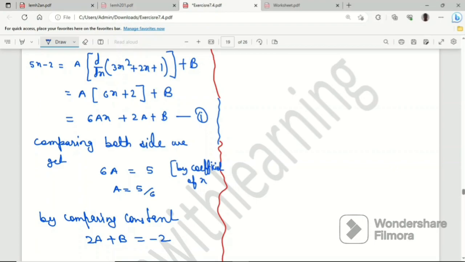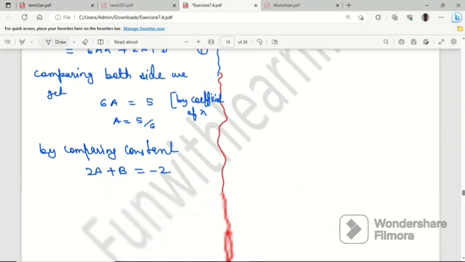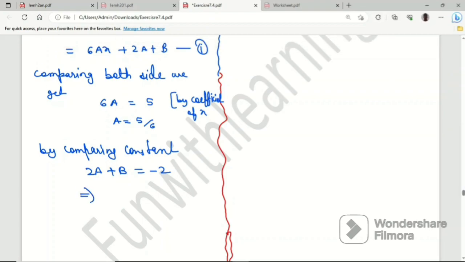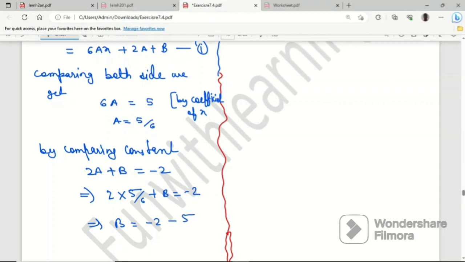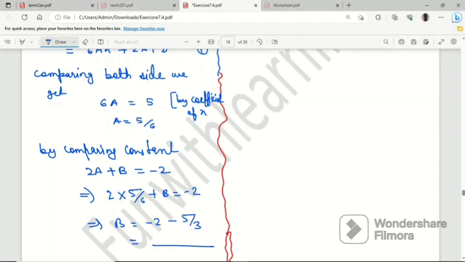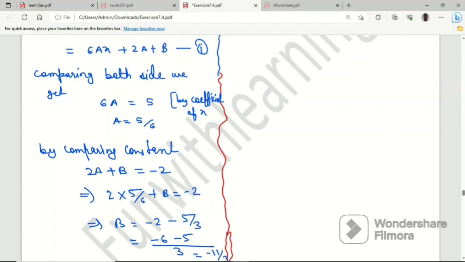See, here there was no need of the elimination method. We have directly used it. It was easy, so we are able to find a and b easily. a is 5 upon 6, plus b equals minus 2. So I can write b equal to minus 2 minus 5 upon 3. So with 3 as LCM, minus 6 minus 5, I will get minus 11 upon 3.